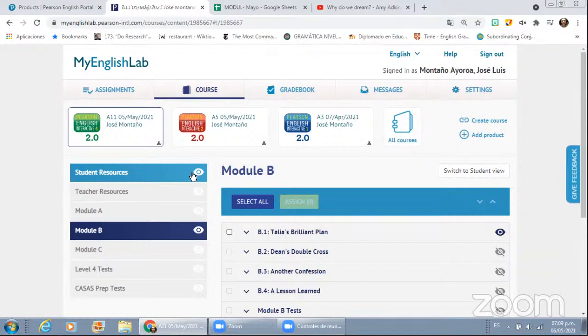And on that document, you can find very specific dates of the units, of the quizzes, of the final test, etc. So the first information that you need to know is that today I'm going to assign the first unit, and it's going to be due Monday at 11:59 p.m. So you have today, Friday, Saturday, Sunday, and Monday to finish this first unit.